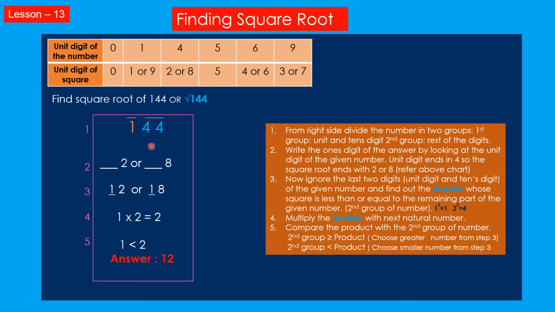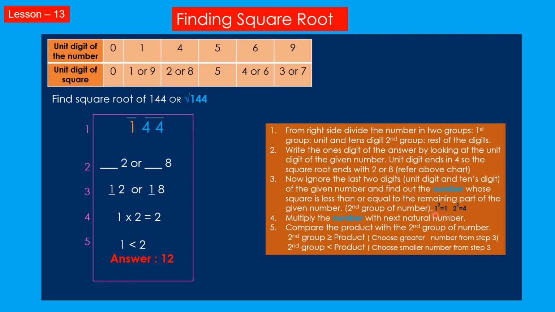So you ignore these two digits and then think of a number whose square is less than or equal to the number 1. If you square the number 1, you get 1, and if you square the number 2, you get 4. So out of 1 and 2, you have to pick one number.